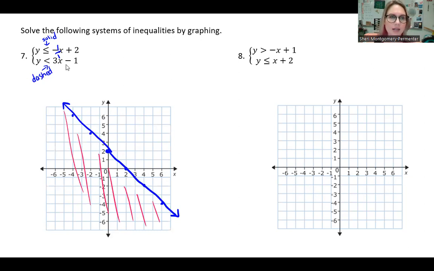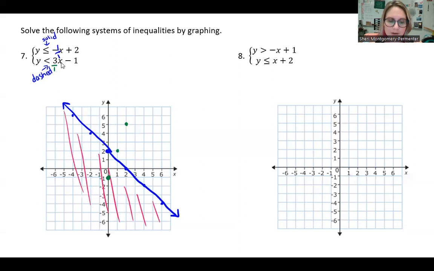The next line, I'm going to put a point at -1. My slope is 3, or 3 is the same thing as 3/1 if you need that. So that means it's positive. So I go up 3 and then over 1. Up 3 and then over 1.